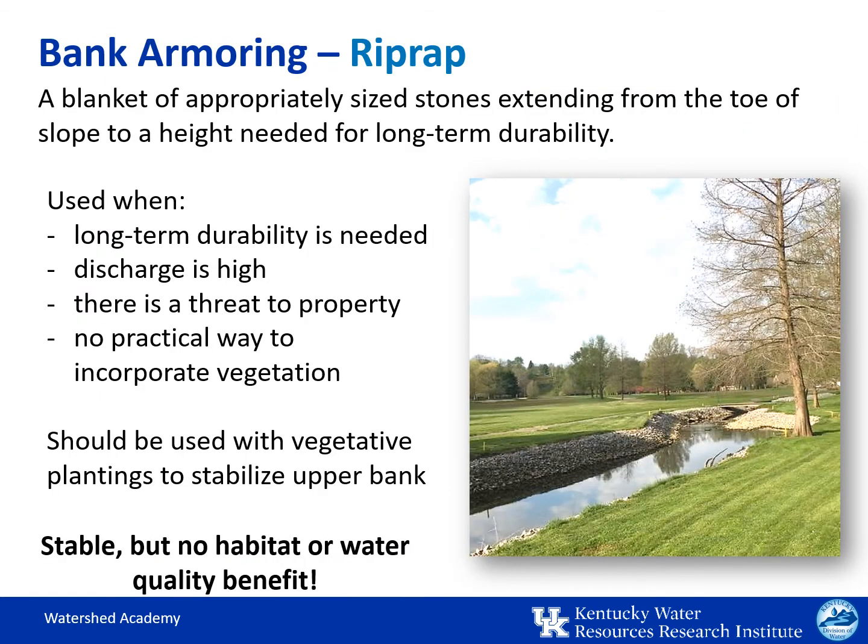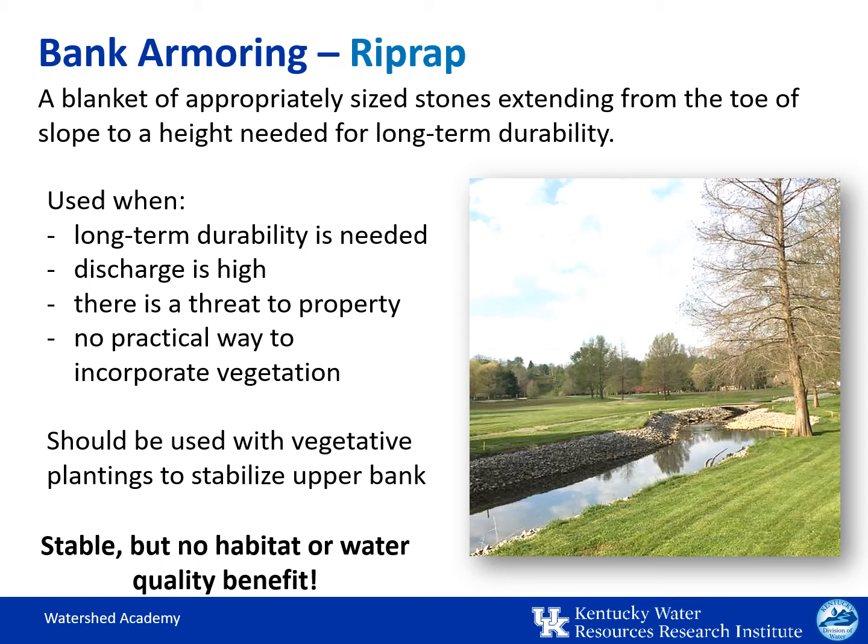One of the most common bank stabilization techniques is the use of riprap, and perhaps the overuse of riprap. In this case, appropriately sized stones extend from the toe of the slope to whatever the height is needed to provide that long-term stabilization and durability.